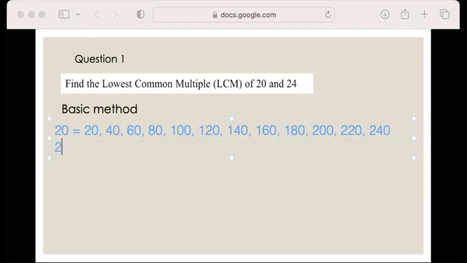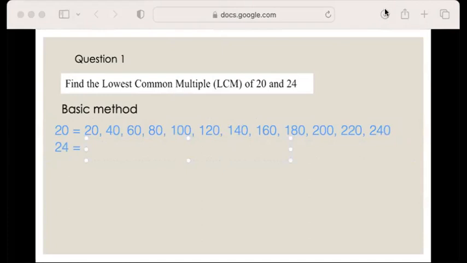So let's talk now about the multiples of 24. In the same way, we can get up to maybe 10 or 12 multiples of 24.